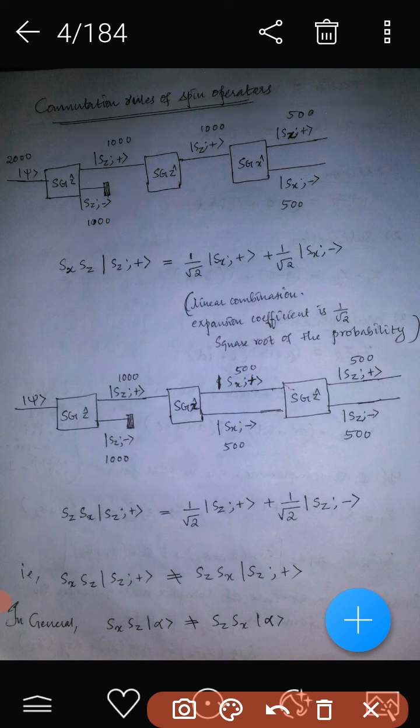So again, this is the input initial state. It's an example of a pure ensemble, and we are doing two measurements. The first one is the Z component of the spin, and the second one is the X component of the spin.